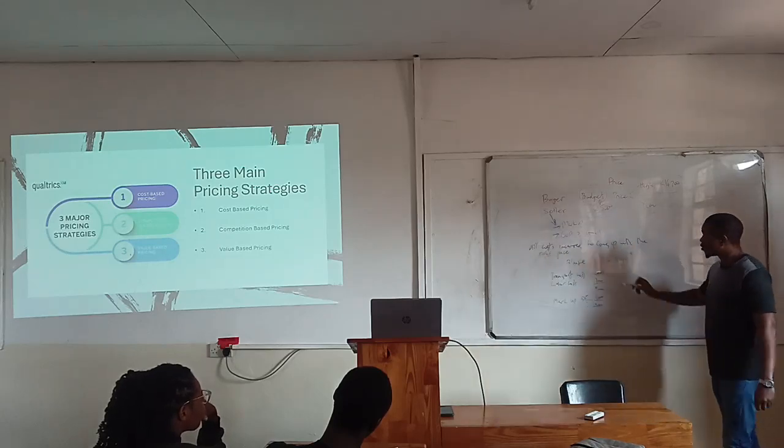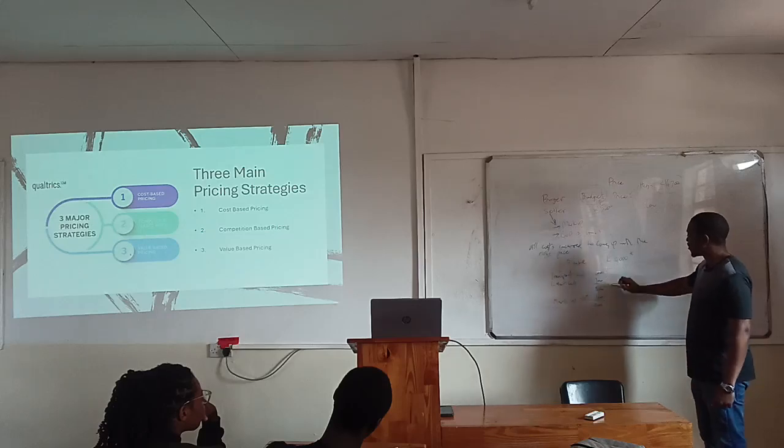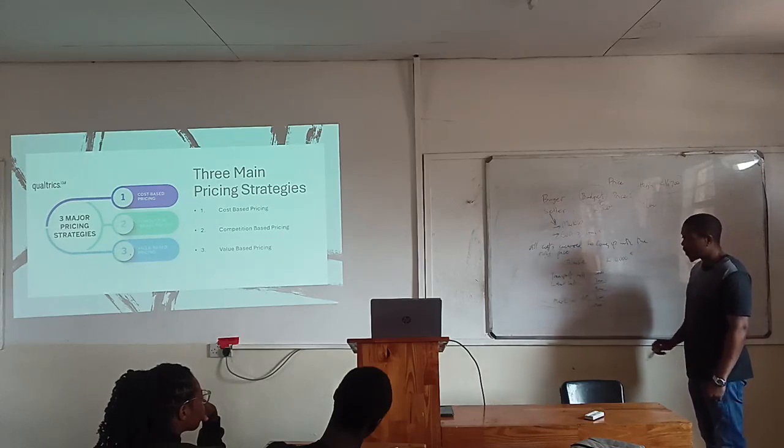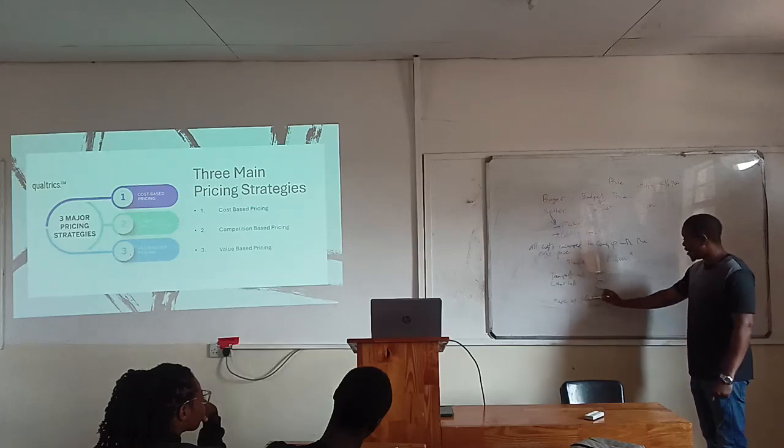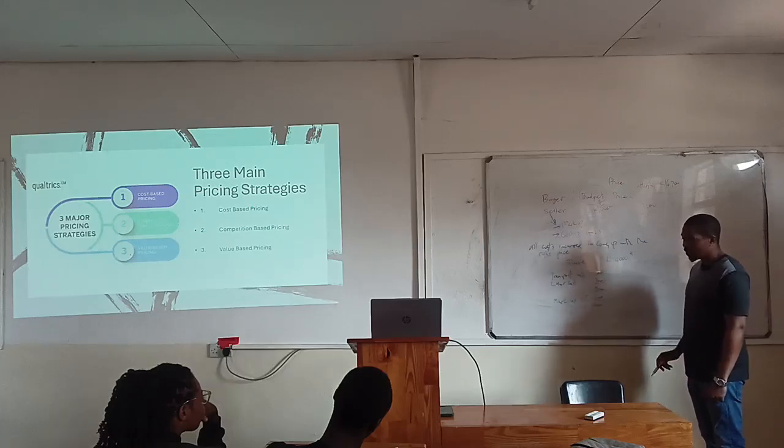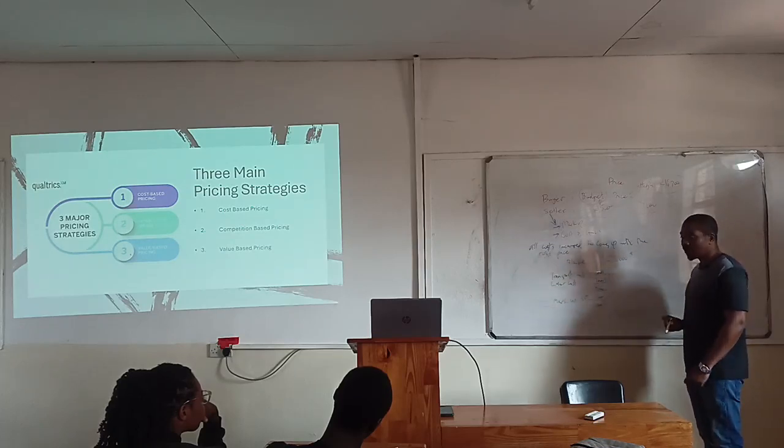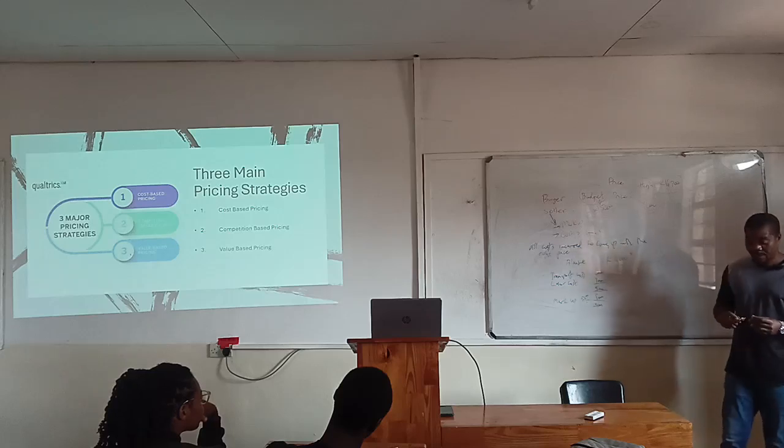So transport costs, labor costs, total costs 5,000. Your markup, whatever you're going to gain out of that, is 5,000. So 5 plus 5 is giving us 10. That's how you arrive at your price.